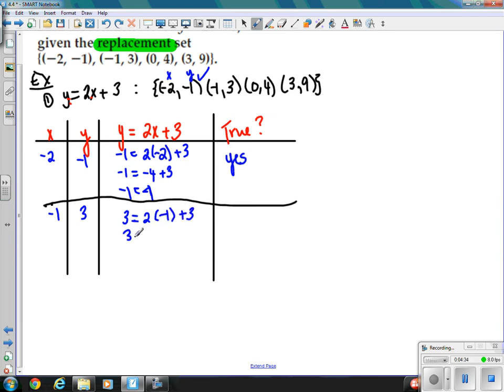So 3 equals 2 times -1, which is -2, plus 3. And finishing that off, -2 plus 3 is 1. So is that true? Does 3 equal 1? No, it doesn't. That means it's false.